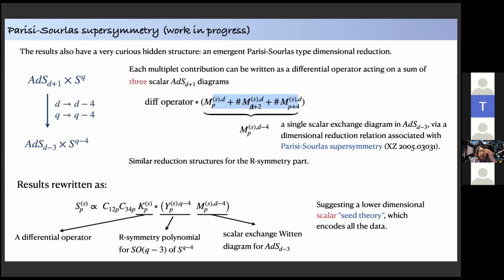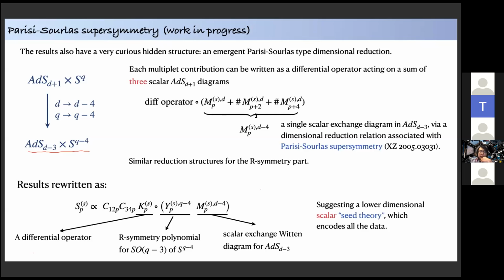These scalar diagrams have shifted internal dimensions. But this linear combination miraculously is just a single scalar exchange diagram, now in dimensionally reduced AdS space, in AdS_{d-3}. This equivalence of the three diagrams with this single diagram is because of a dimensional reduction formula associated with the Parisi-Sourlas supersymmetry.